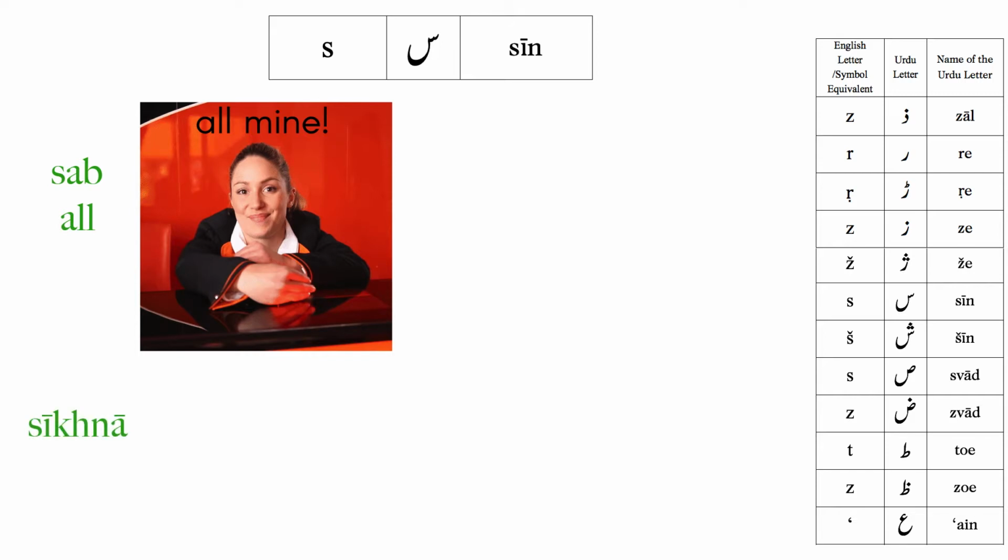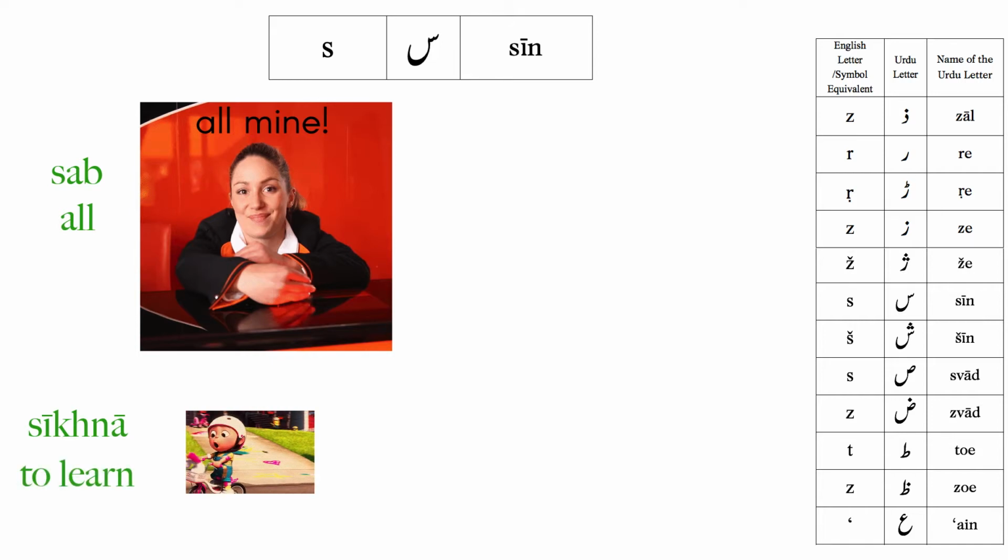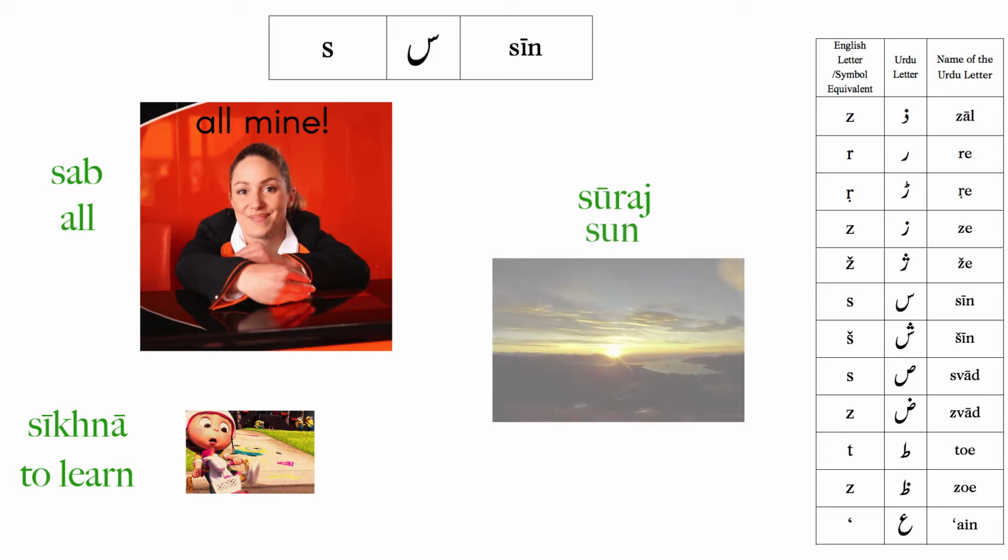Seekhna. It means to learn. And of course, this series is called Urdu Seekhiye, which means learn Urdu. So we see a variation of the verb seekhna in our title. And our final word for seen is suraj. Suraj means sun.